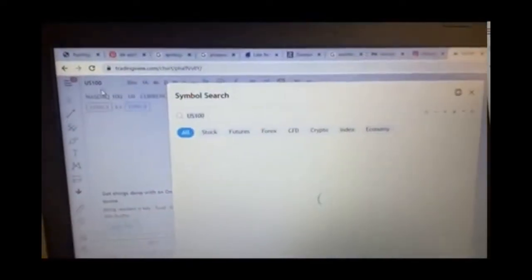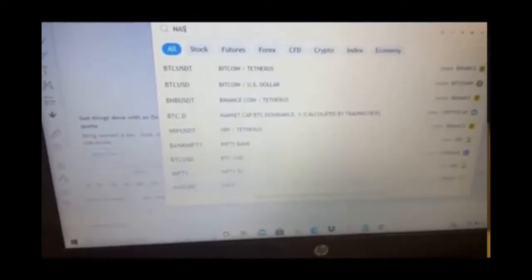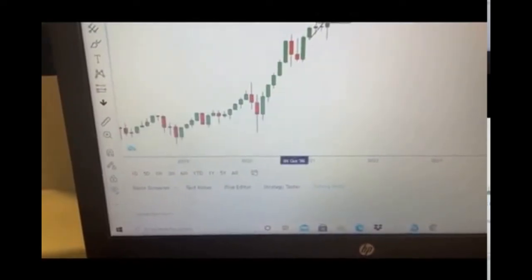Why is Nasdaq selling? Why did Nasdaq buy? Is this the right Nasdaq, guys? Type NAS 100. Oh, NAS 100. Yeah, it's basically the same thing. Okay, so we have NAS 100 up right now. Yes, this is the right one.